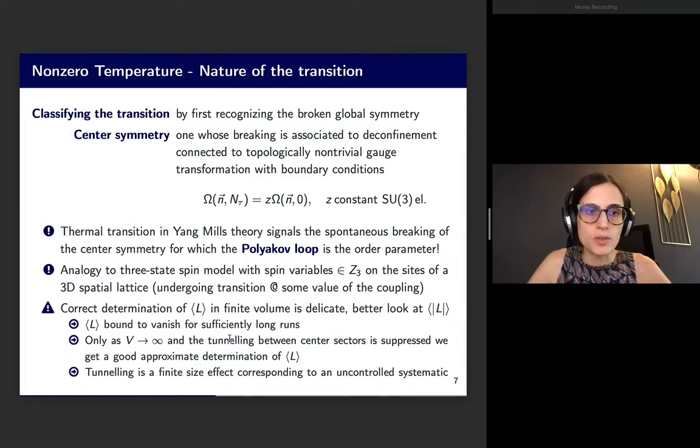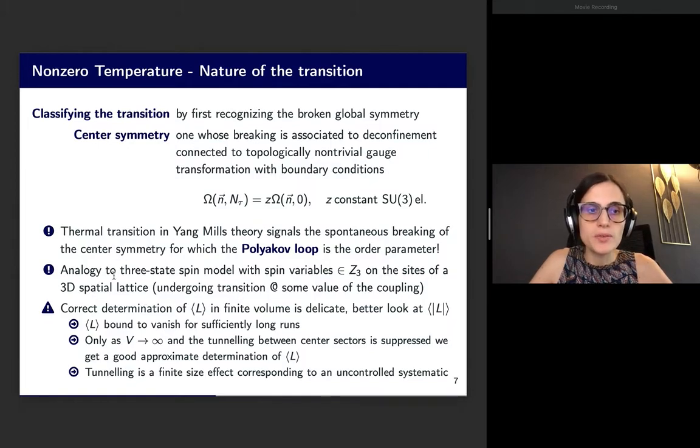All right, so what have we learned? There is a thermal transition in Yang-Mills theory, and this transition signals the spontaneous breaking of the center symmetry, for which this quantity that we have just introduced, the Polyakov loop, is the order parameter.